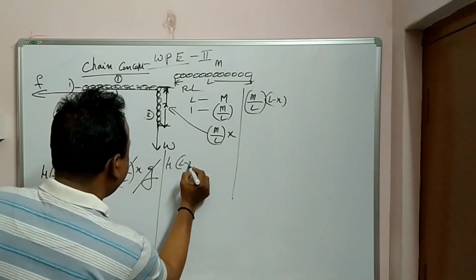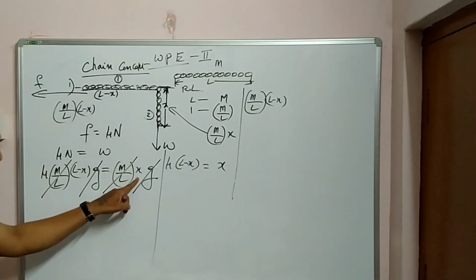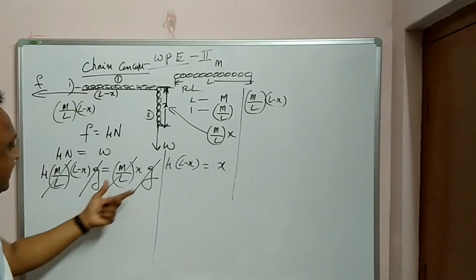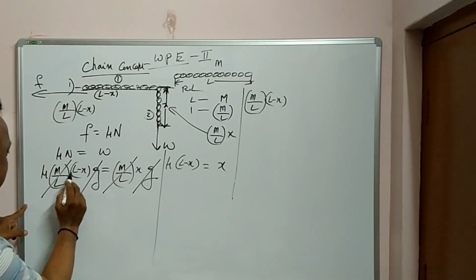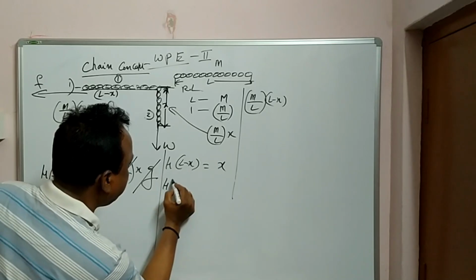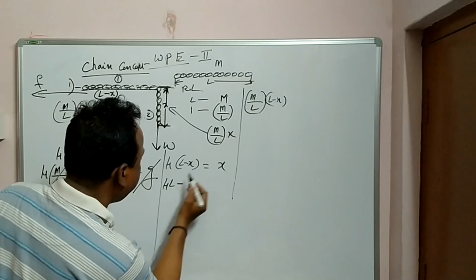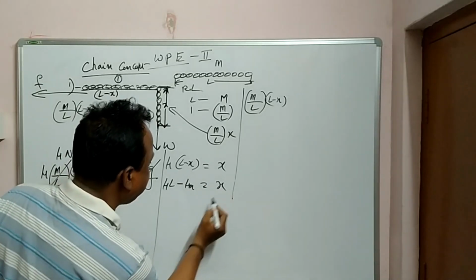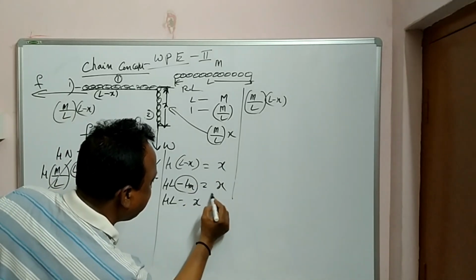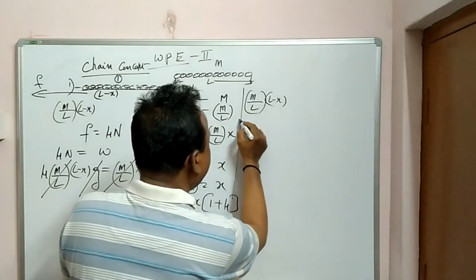Mu into L minus X is equal to, how much is left on the right side? X. Now, mu into L minus X is equal to X. Take this inside: mu L minus mu X is equal to X, or mu L, take this to the right side and take X common: X into 1 plus mu. Now finally, see what is left for us.